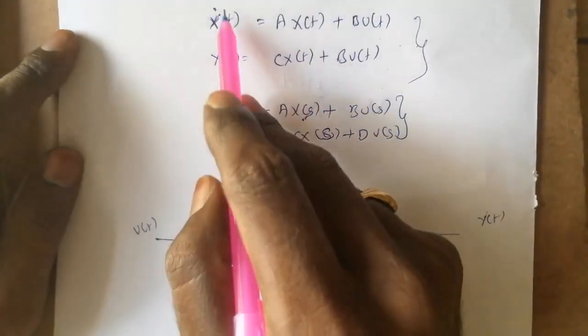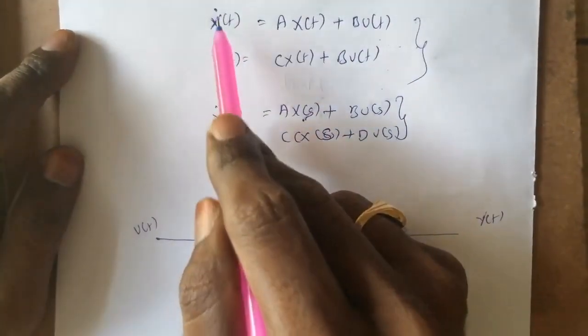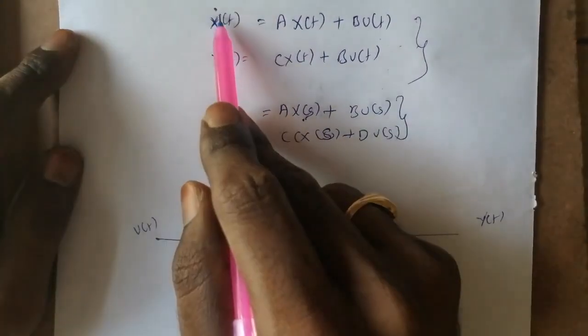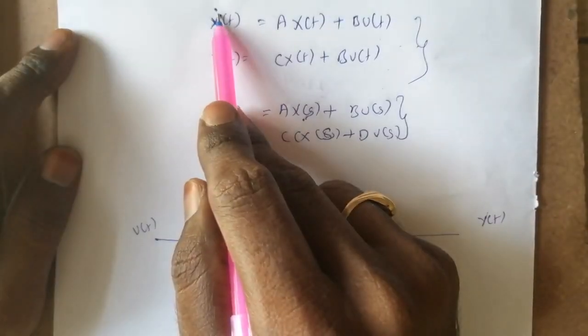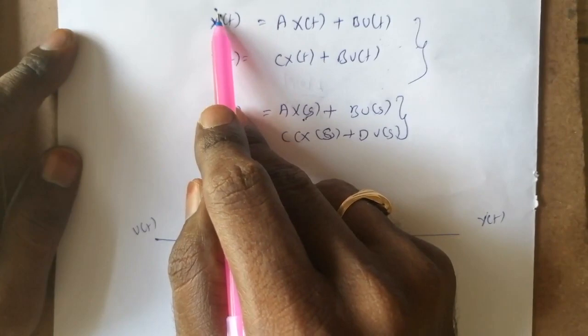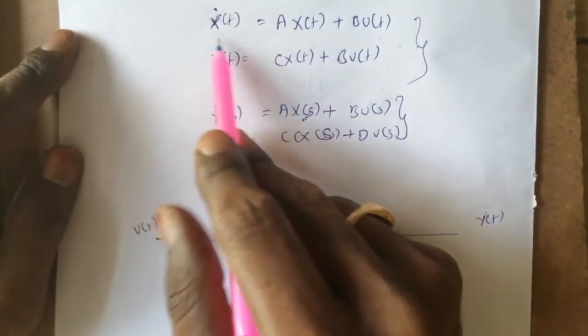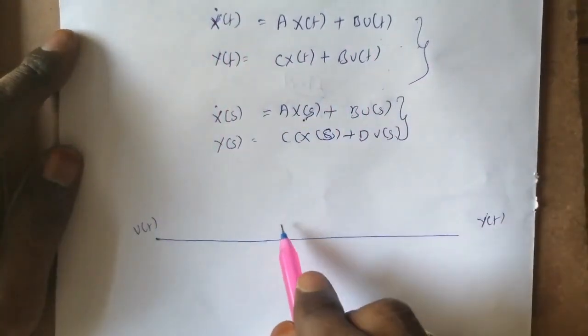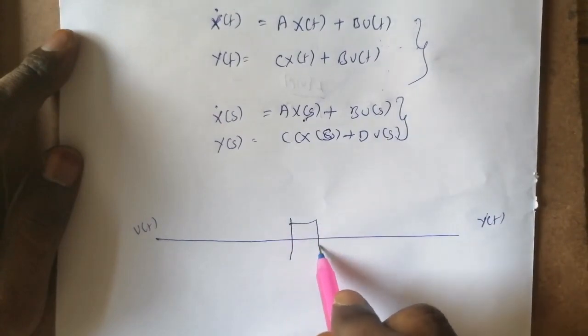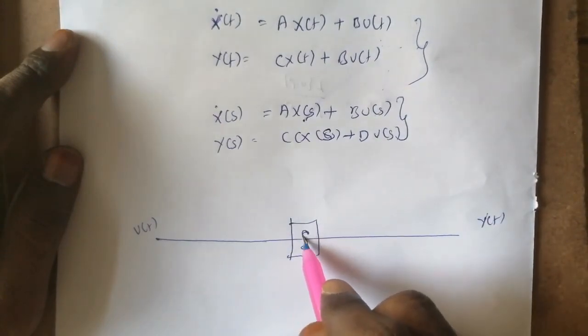If you observe these two equations, we have only one dot. Dot means you have to mention the integrator in the block diagram. So let's consider one integrator here, denoted like this.